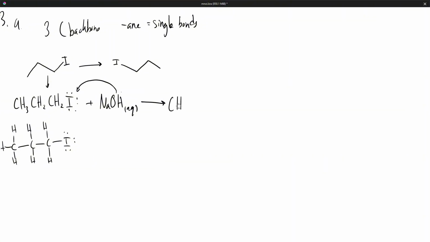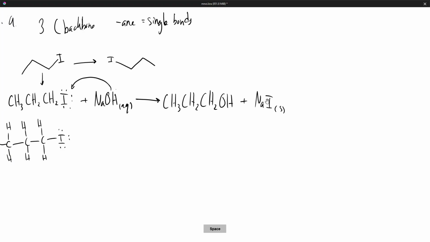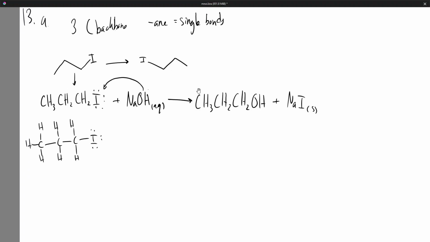So now we want to rewrite it. OH plus sodium iodide. For these OChem questions, you don't have to put states of matter since Professor Schultz isn't really looking for them for this type of thing, but it kind of helps, I guess.